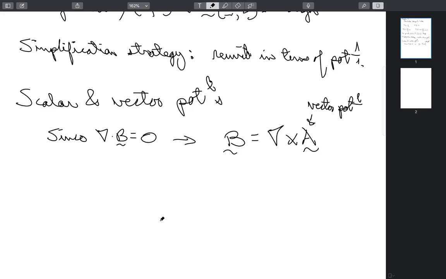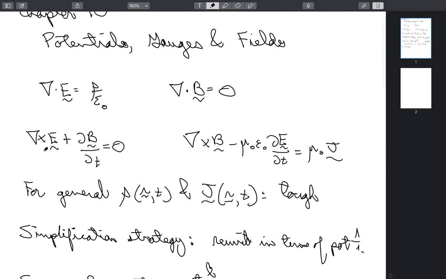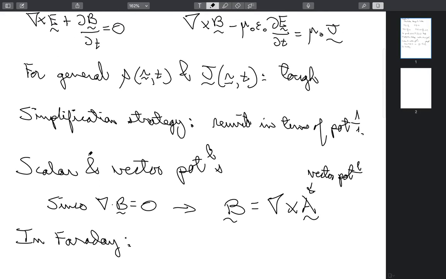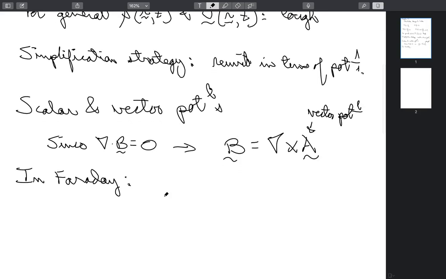Okay, if we put this in Faraday's law, then what we get is that, you see, Faraday's law tells us that curl of E plus dB/dt is equal to 0, so I can just substitute this in there, take the curl out. It tells me that the curl of the following quantity, E plus dA/dt, is equal to 0.